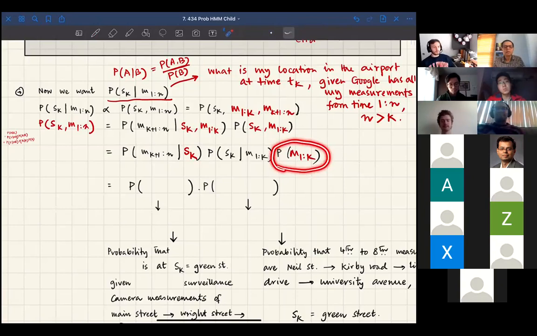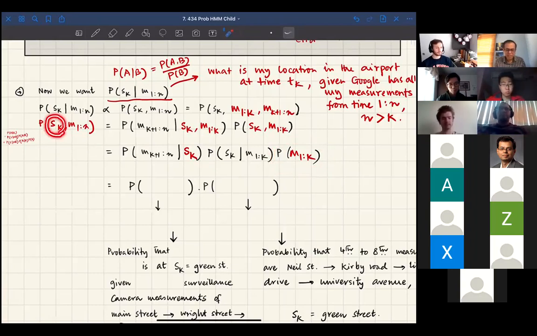I don't care about that one because again, remember my left-hand side is saying what is Romit's current location at TK given all the measurements M1 through N. So whatever the SK value is, it will always have this term as a part of this term.